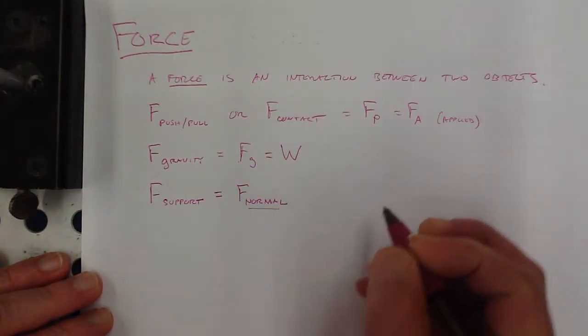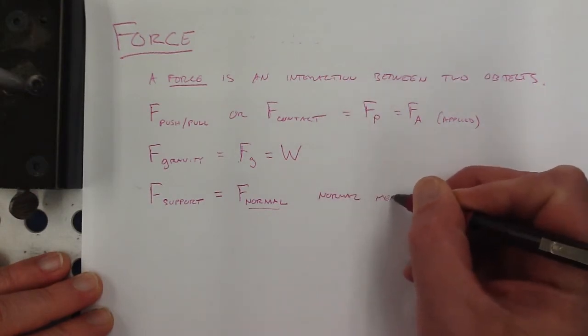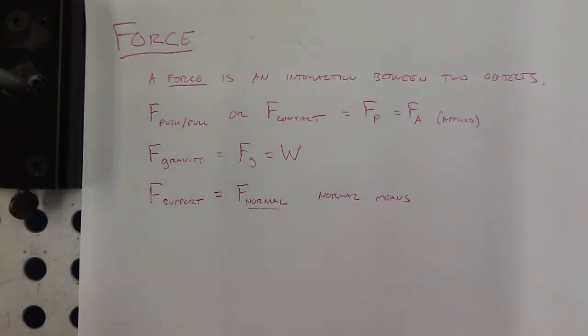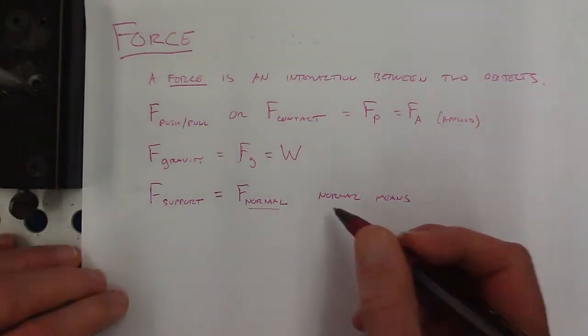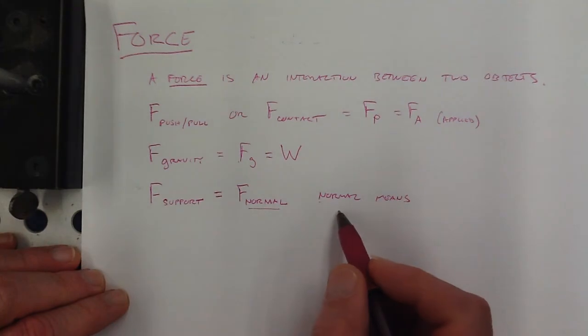A normal force, if you look up normal in the dictionary, there's a couple definitions there that you would expect, not weird or conforming to expectations or whatever, things like that.